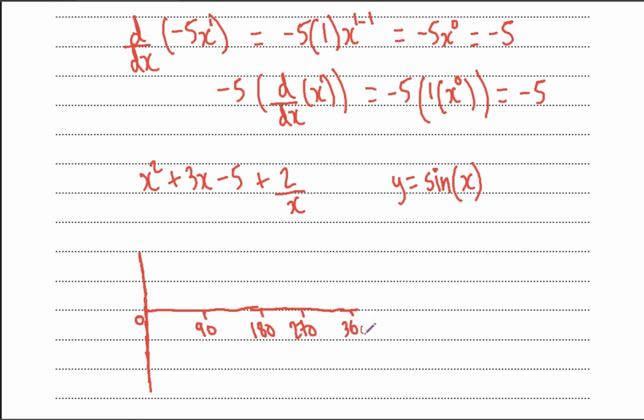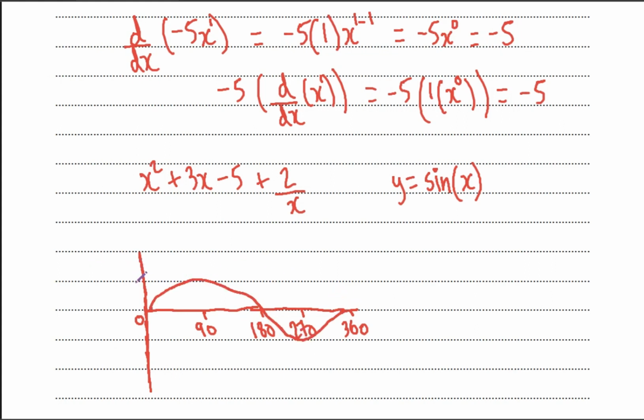I'm just going to draw a rough sketch. Sine starts with 0, reaches 1 at 90, and then goes down to 0 here. It's meant to touch 0, so we'll draw that again. So it goes up, comes down, touches 0, goes down to negative 1, comes back up, goes back to 0.